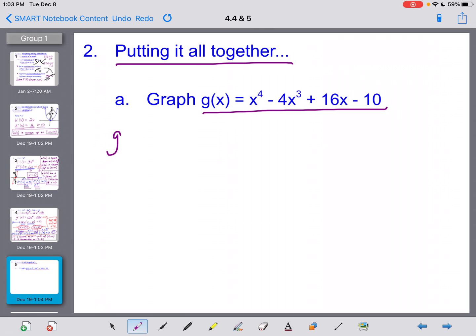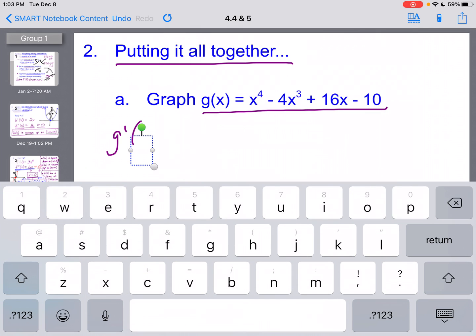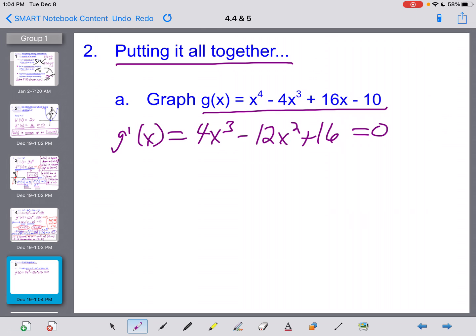So we knew, I guess I'll write this again, that our first derivative, g prime of x, was equal to 4x cubed minus 12x squared plus 16. We set that equal to 0, and we got two critical values out of that.